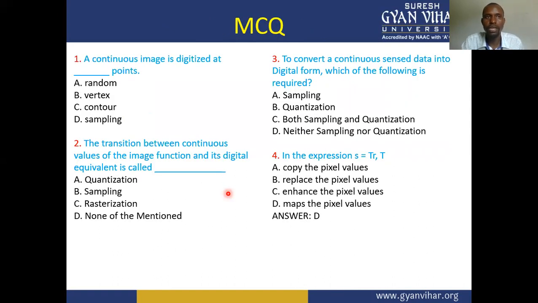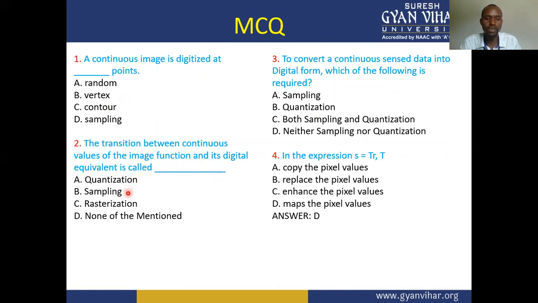Now we'll come to the MCQs. The first question is, an image is digitized at what points? We have random, vertex, contour, or sampling. Here the answer is random. The next question is, the transition between continuous values of the image function and its digital equivalent is called what?